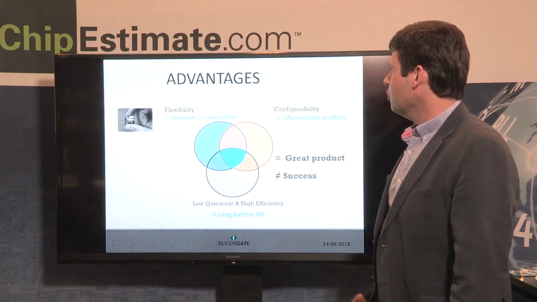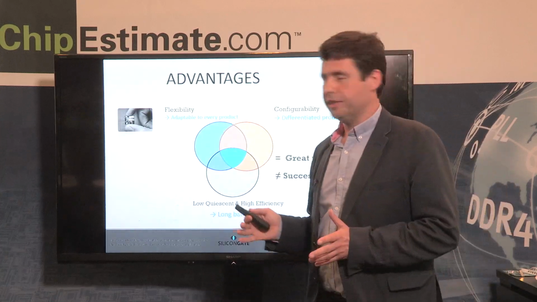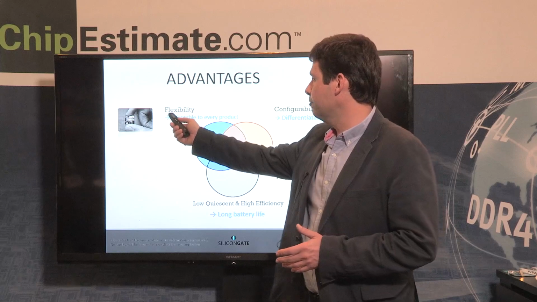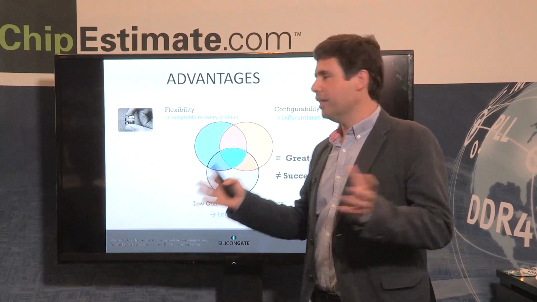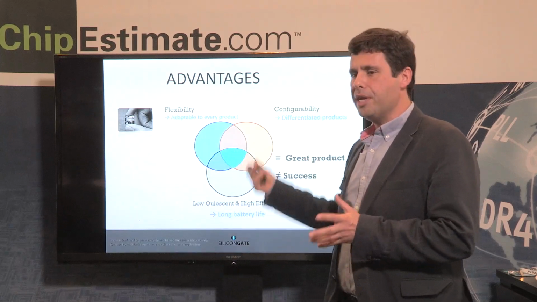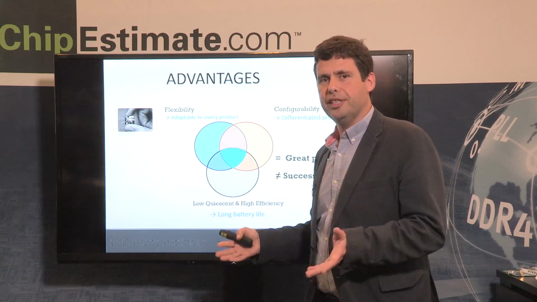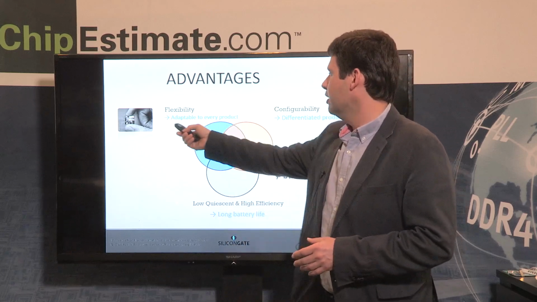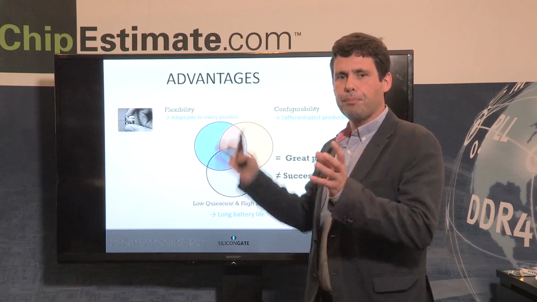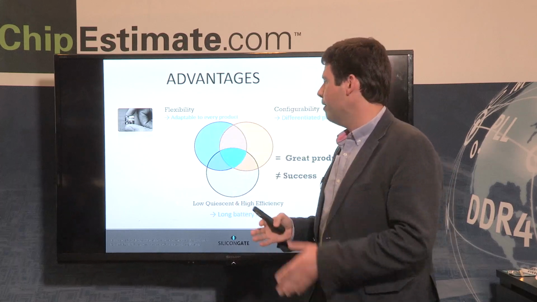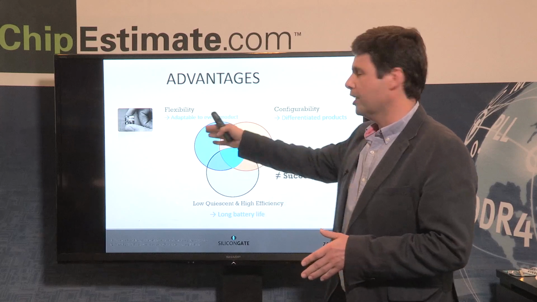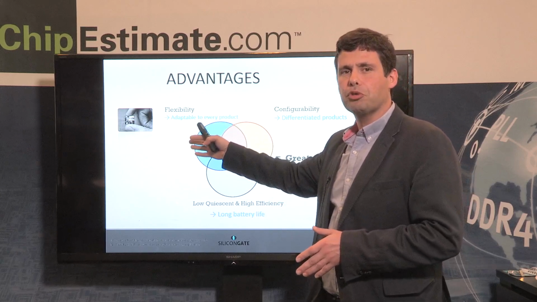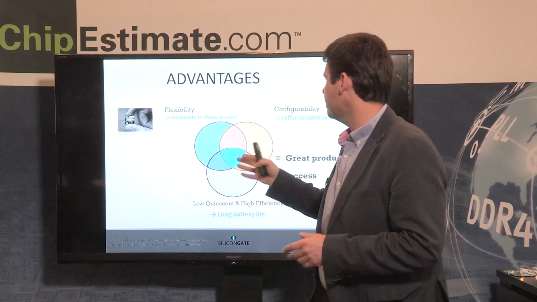Okay, so now talking a little bit about the advantages of this. Of course we talk about the flexibility, and the flexibility has to do with this ability to support very different systems from different markets, and it has to do with the fact that all the IPs can be plugged into a backbone that is composed by the RTC and the APC, the advanced power controller, and that allows you to do very different systems.